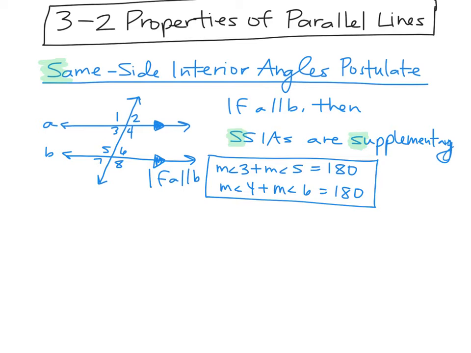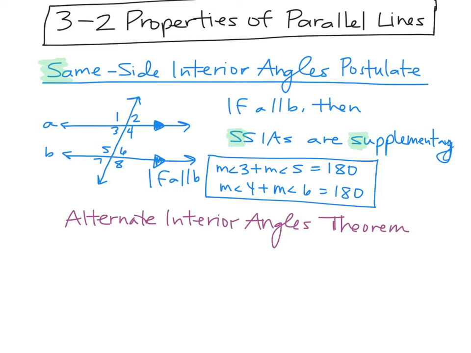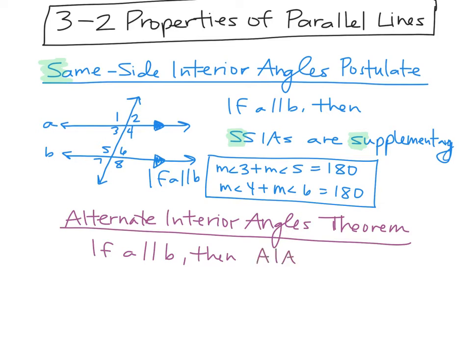The next one says, and this is the alternate interior angles. Alternate interior angles theorem. Okay, this one says, using the same picture, if A is parallel to B, then alternate interior angles are congruent.